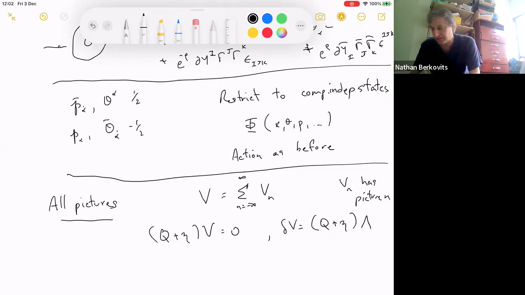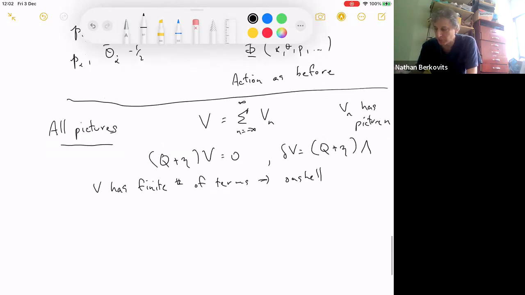The way to prove that, at least if V has a finite number of pictures, so V has a finite number of terms, it's on shell. The way to prove this is essentially use the fact that eta has trivial cohomology. And Q also, if you work in the large Hilbert space, Q also has trivial cohomology.